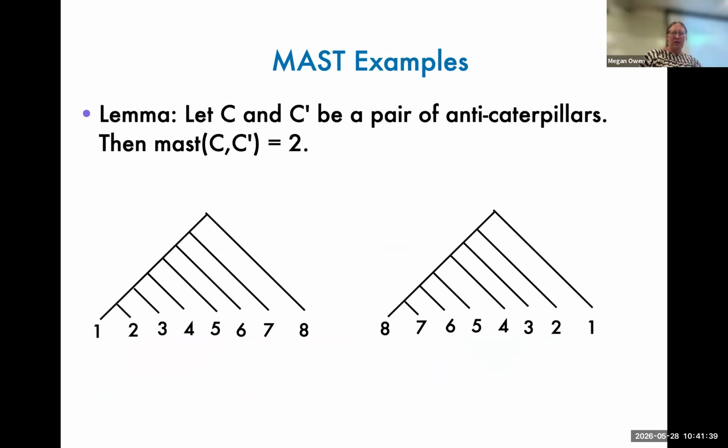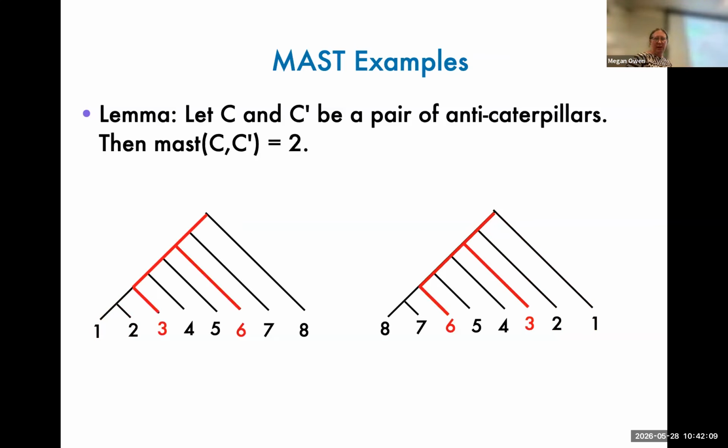Okay. So if you have two caterpillars, these are what are called anti-caterpillars. They're caterpillars, but you can see the numbers are ordered in reverse. If you have two anti-caterpillars, the biggest size of the agreement subtree is 2. If I have 1, 2, anything else I try to add in will be above where 1 and 2 meet up. But in this one, 1 and 2 are meeting up at the top, so there's nothing else I can add in.